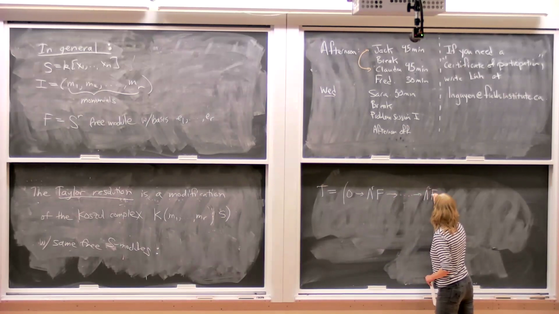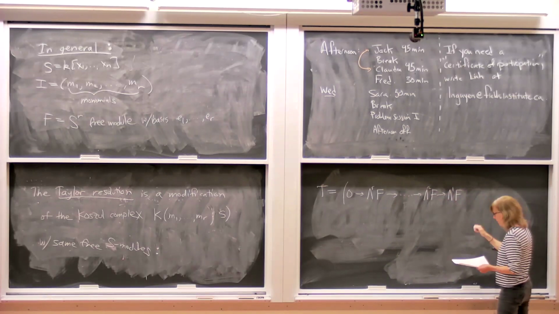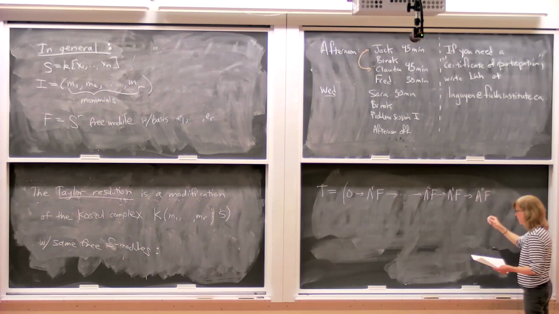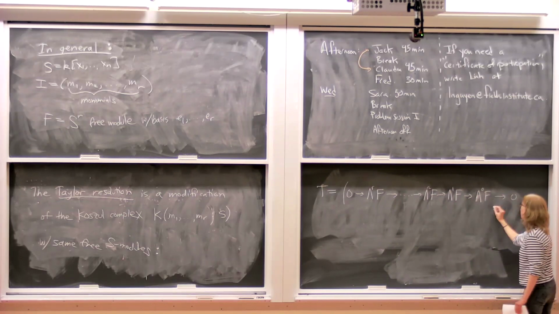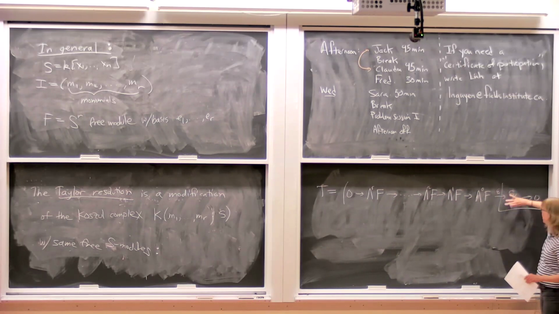Wedge 2 F, wedge 1 F, these are the exterior powers of F. Wedge 0 F and to 0, but maybe you want to write what it's resolving. So S mod I to 0. This is not part of the resolution, that's the module we're resolving. And this map is epsilon, and sometimes I cut it off, so I can just talk about the resolution.